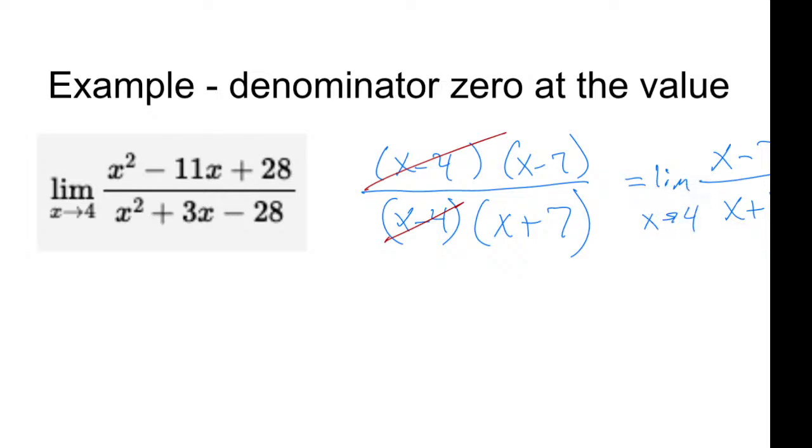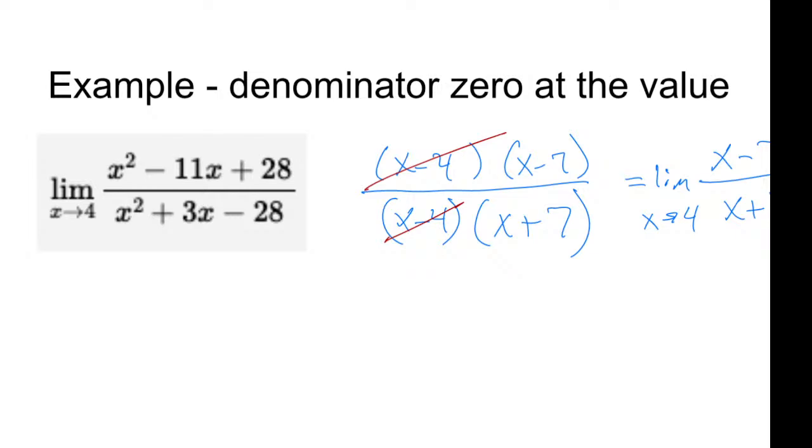And what we're using is that property that we've got a new function, a similar function, but it's going to give us the same y values everywhere else except at positive 4. So there was that rule. And so we can take a limit since the y values are the same everywhere else, we're going to say that these limits will be the same.